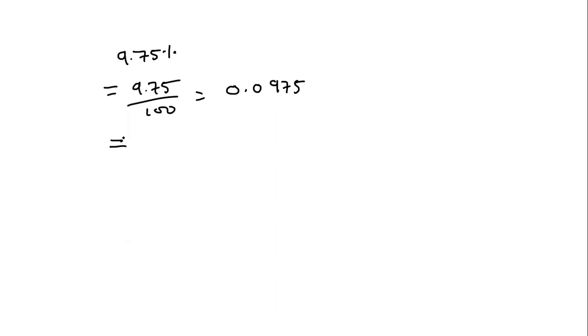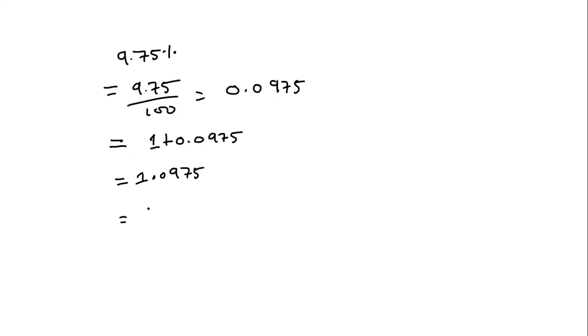And now what we have to do is add it to 1. So 1 plus 0.0975 in the calculator, and it will be 1.0975.